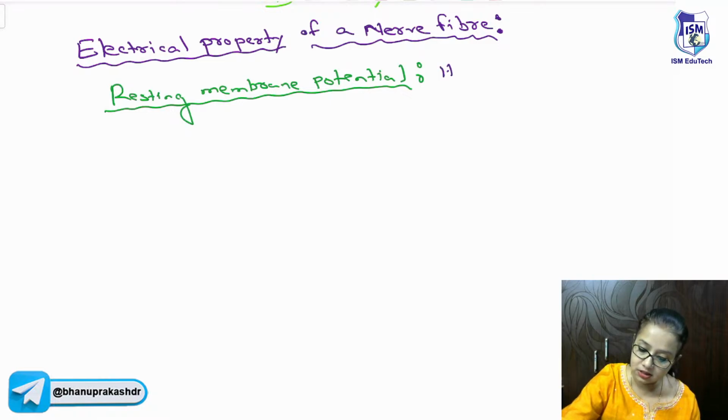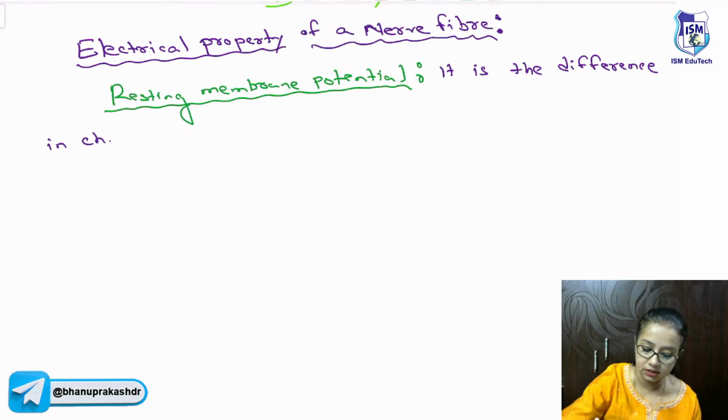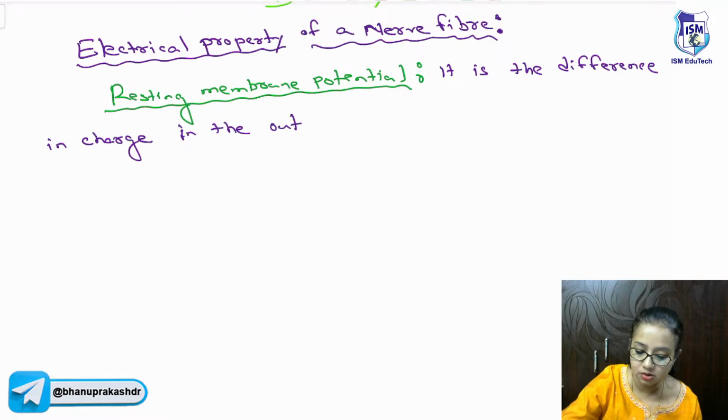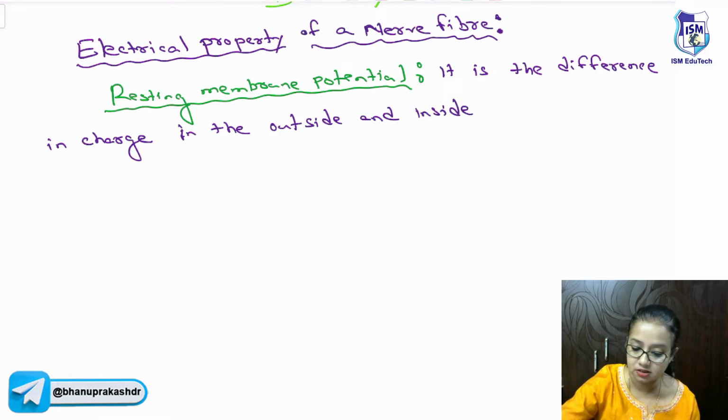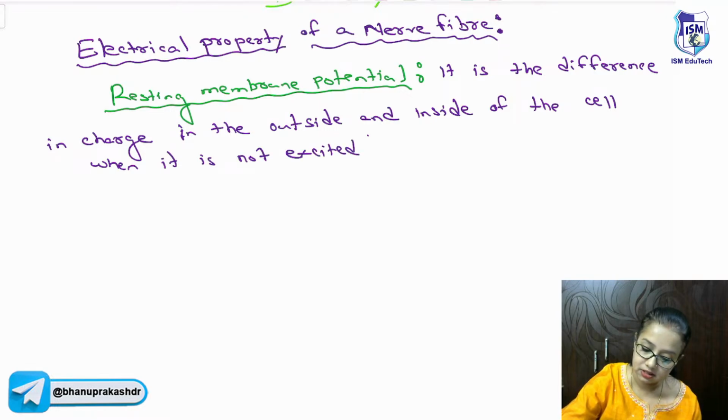So, it is the difference in charge outside and inside of the cell when it is not excited, that is, in resting condition.